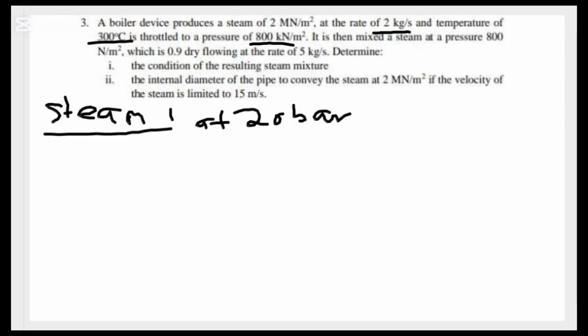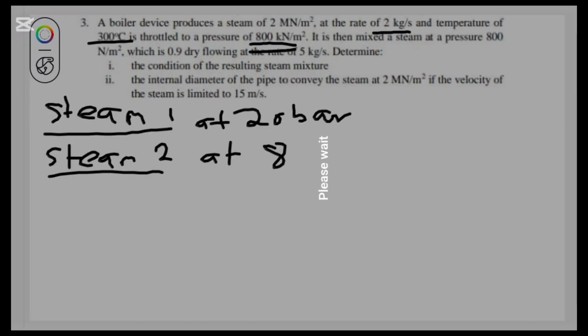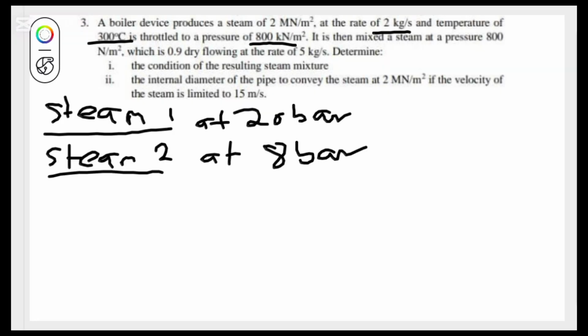So at steam 2, at 8 bar. The conversion is not the same as for the MN per meter square. So this is 8 bar, which is the second steam, and my dryness x2 will be 0.9.